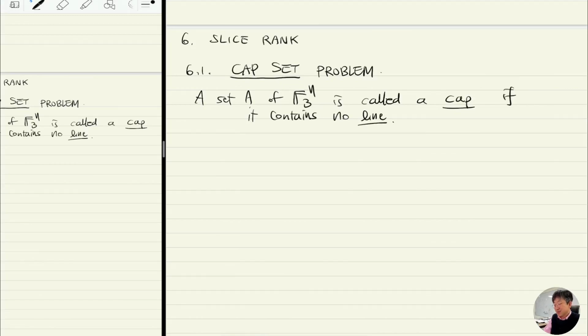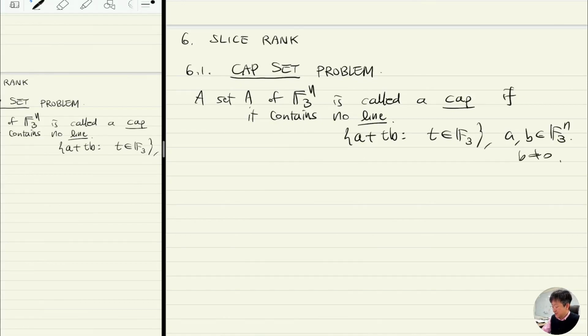This is a finite field of size 3, so a line is going to be like A plus tB, where t is in F3, and A, B are vectors in F3 to the n, and B is not 0. Okay, so that's the line.